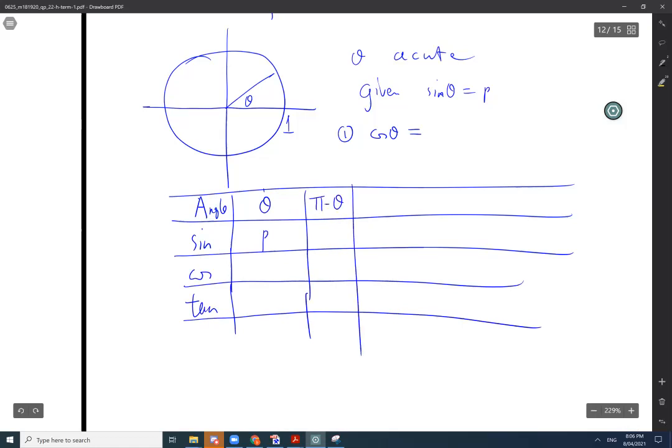Pi minus theta. Pi plus theta. 2 pi minus theta. 2 pi plus theta. All in terms of p.